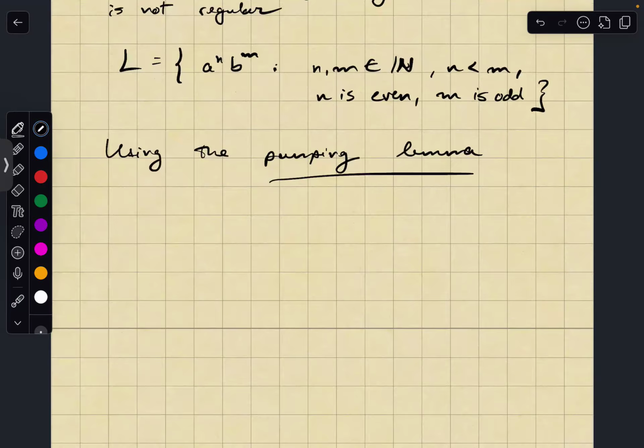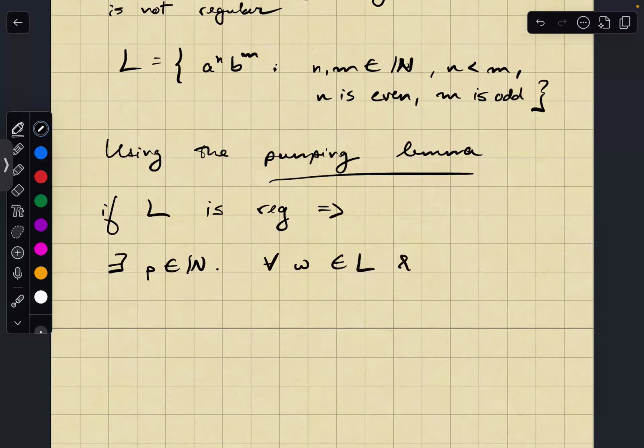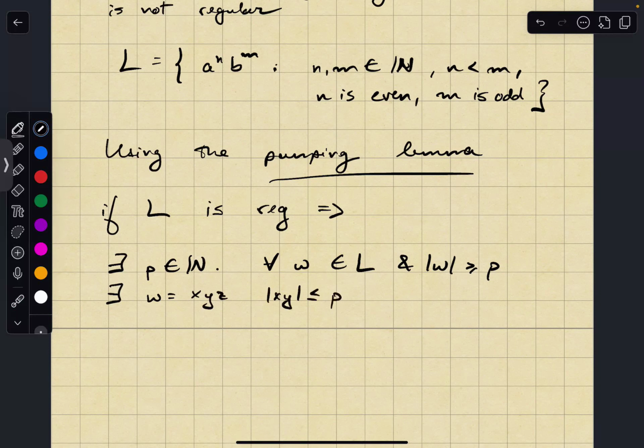It says that if L is regular, then there is some pumping length p such that for every string w in L with length at least p, there exists some decomposition x, y, z of w, where the length of xy is at most p, and the length of y is at least 1.